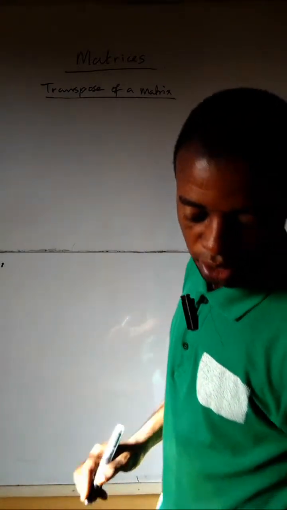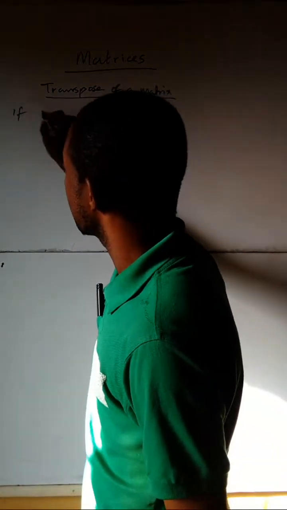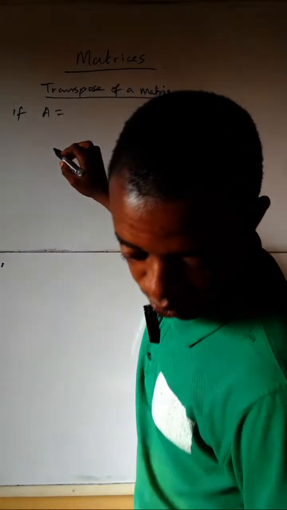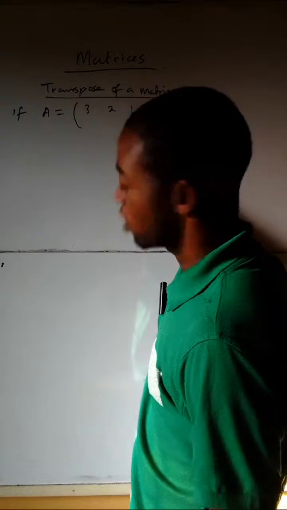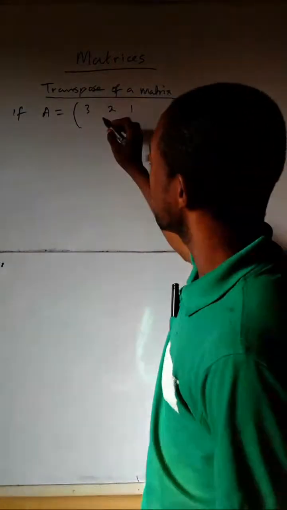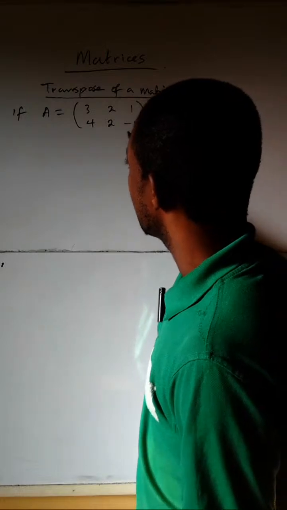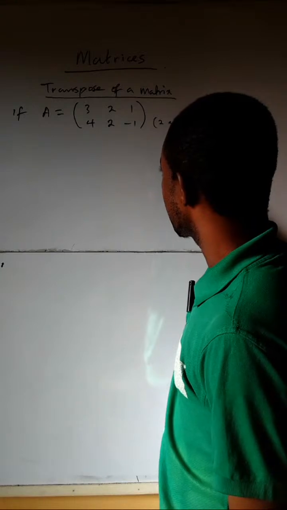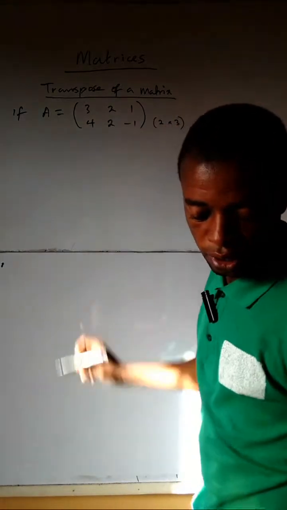For instance, if we have a matrix A given as 3, 2, 1, then 4, 2, minus 1, which is a 2 by 3 matrix. That is, we have 2 rows and 3 columns.